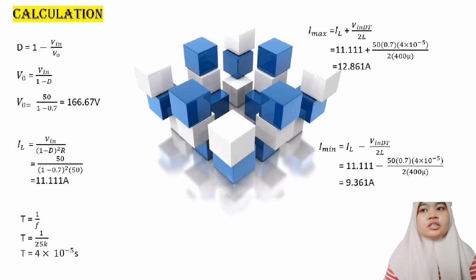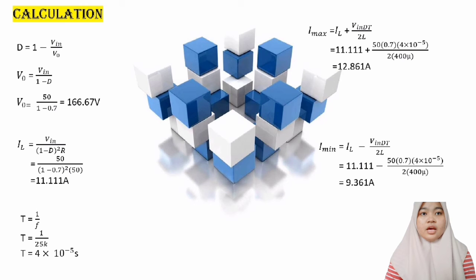And for the inductor current, we use the formula V input divided by (1 minus D) to the power of 2, multiplied by the R resistor. Just substitute the values, and we will get 11.11 ampere.